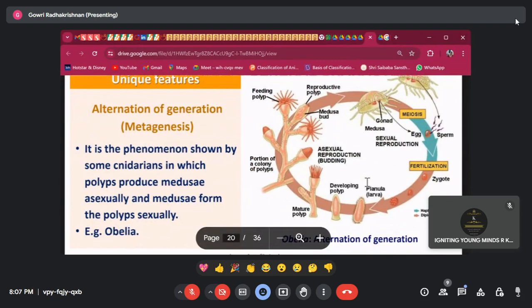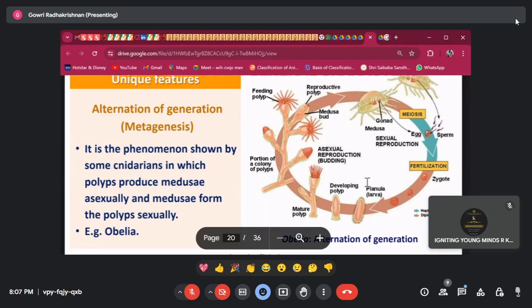Alternation of generation can be seen. When they exhibit the polyp form, they reproduce asexually, and when they exhibit the medusa form, they reproduce sexually by sperm and egg fusion, and zygote is formed and larva is formed, and the larva develops into the next new polyp.